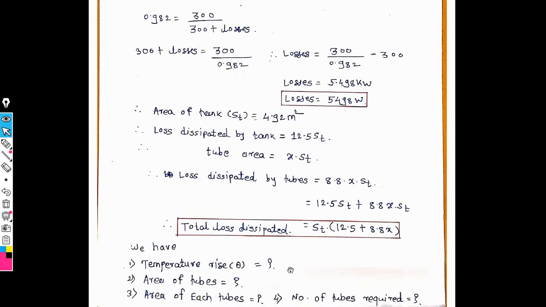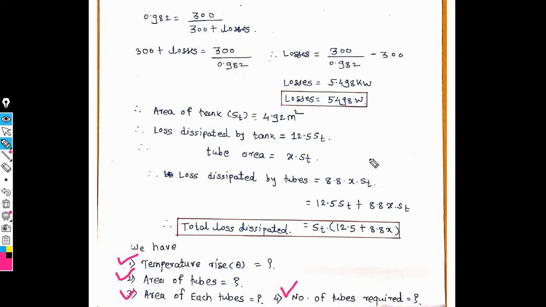These are the important parameters: the temperature rise theta is calculated first, then the area of tubes, then the area of each tube, and the number of tubes required. These are the four important parameters calculated in this problem.